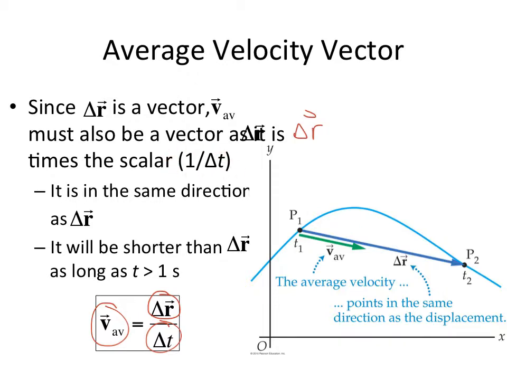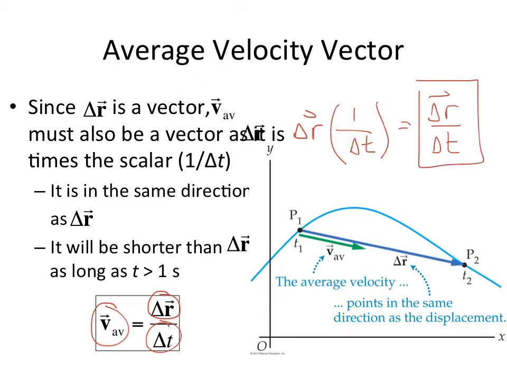So what does that mean? We have our displacement vector here, times 1 over change in time. Well, that's just delta R over our change in time. We recognize that as being equal to our velocity.